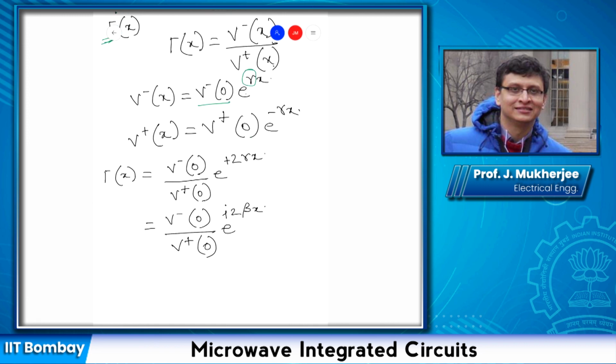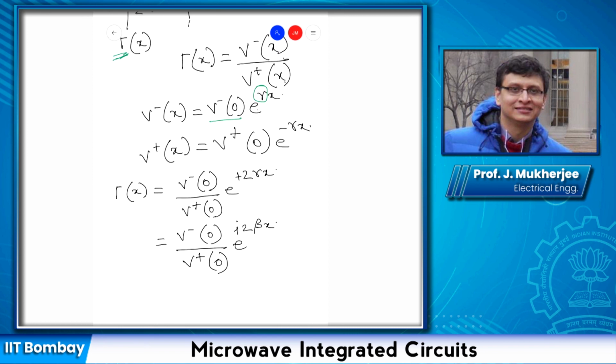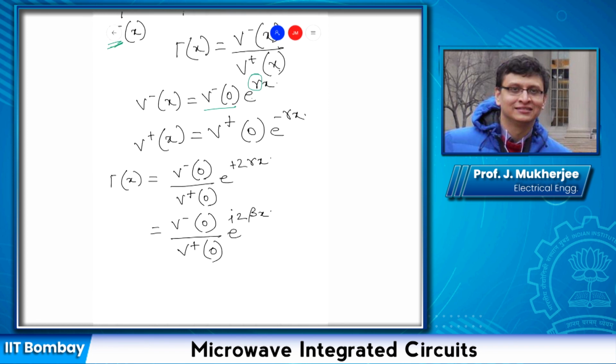okay. So this is in terms of x, but what will the value of gamma be in terms of L? So let us consider this equation once again. Gamma of x is equal to v minus of 0 upon v plus of 0 e raised to 2 gamma x.